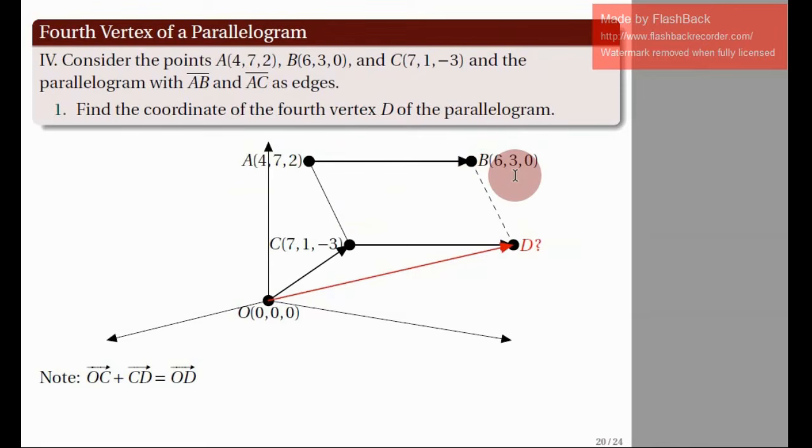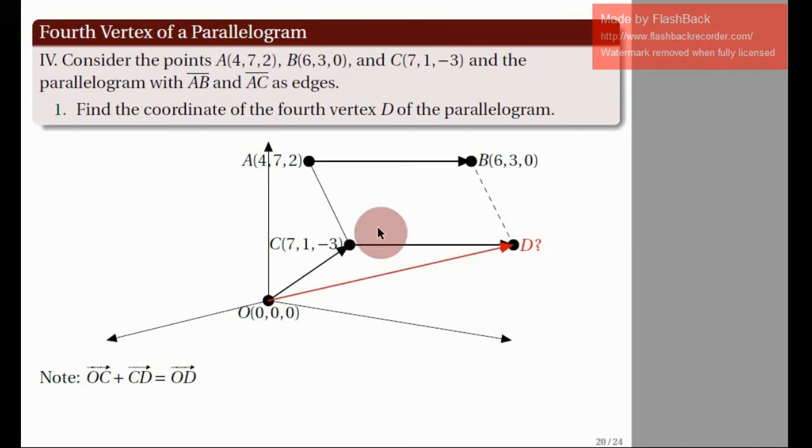Another useful property of a parallelogram is that its opposite sides are also of the same length. So this segment here and this segment here have the same length. Consequently, vector AB and vector CD will have the same norm or magnitude.